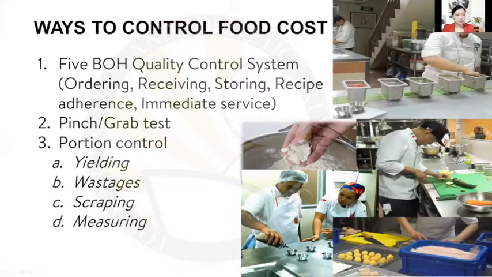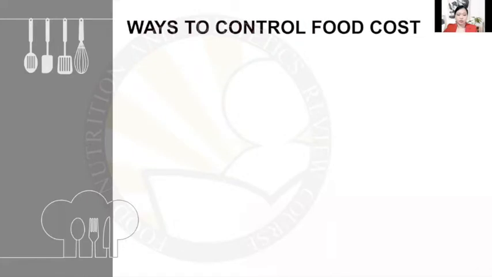Measuring is done to have a standard size or weight for every food product, and proper cutting and slicing is always practiced to make sure that we do not underportion or overportion.